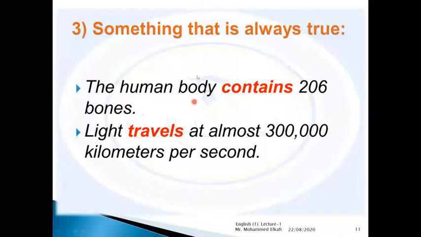We are talking about the body: it contains, and it travels. So when we talk about facts, we should use the present simple tense and the rule of s.